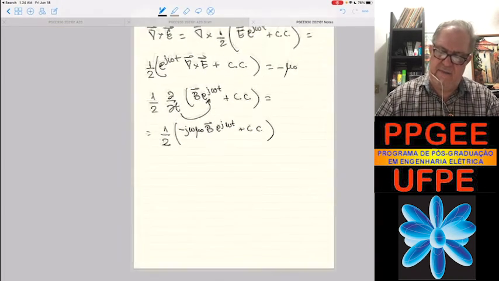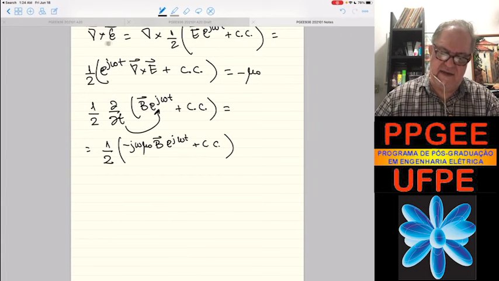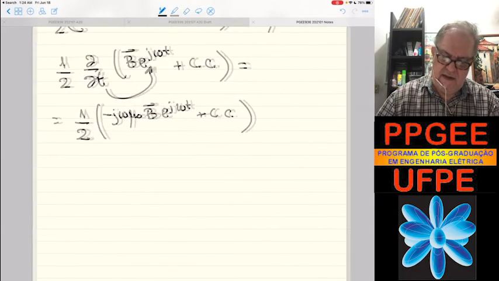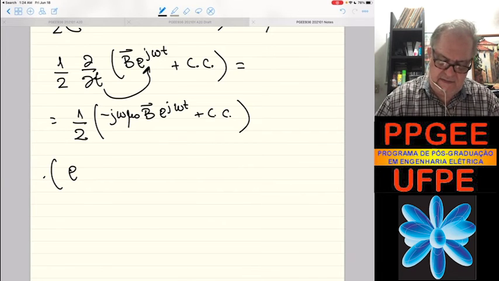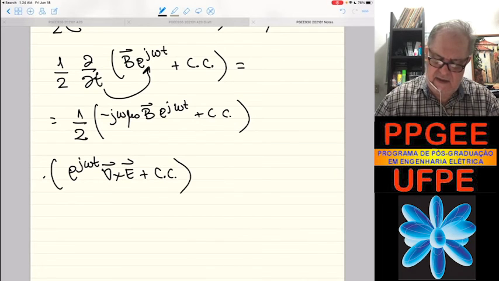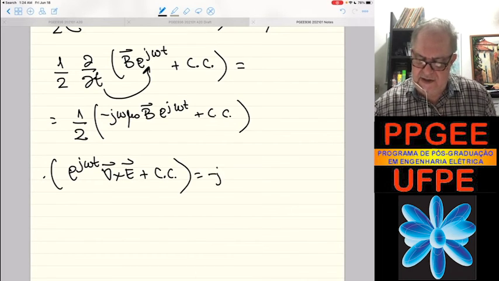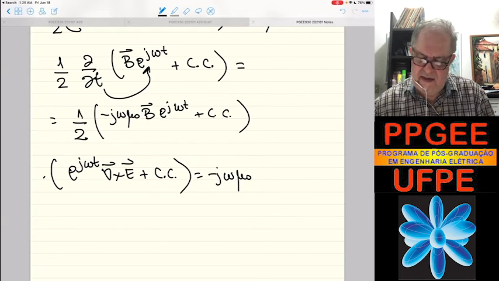So let's now balance the equation. You have this thing here equals to this. So 1/2 I can cancel, right? So you have exponential of j omega t curl of E plus the conjugate equals to minus j omega mu 0 b exponential plus complex conjugate.